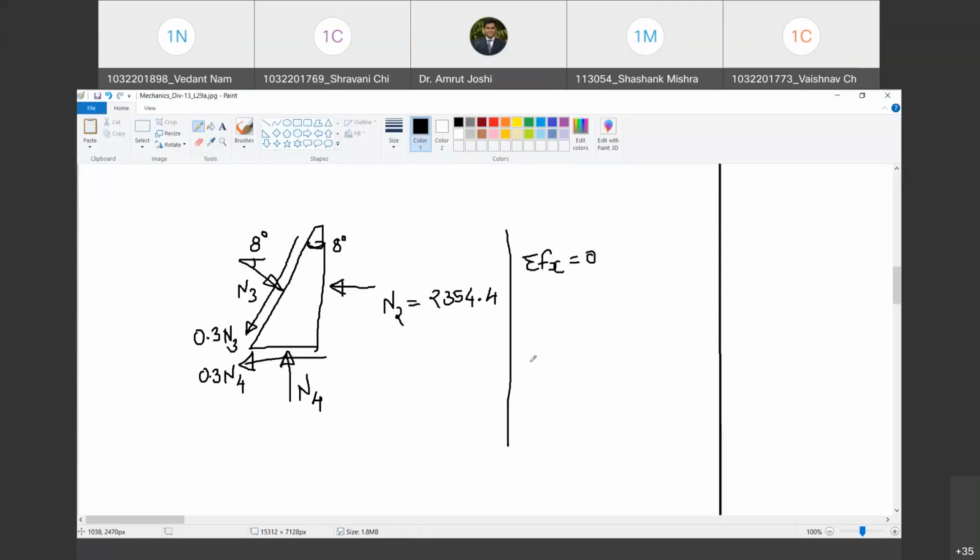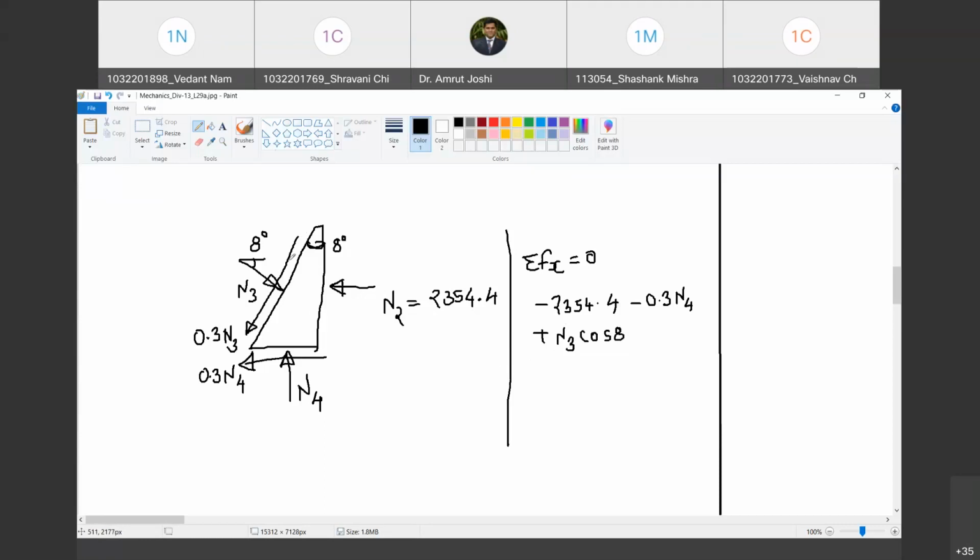Minus 2354.4, minus 0.3 N4, and positive N3 cos 8 degrees.